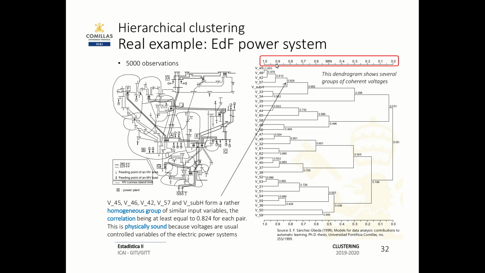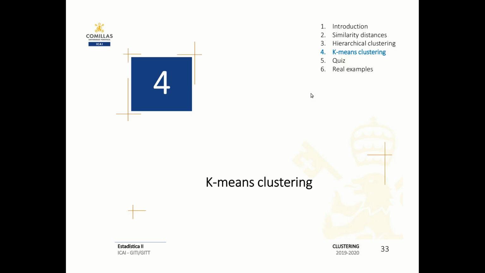So this is what is represented here. We have all the variables and then the different distances, and this is hierarchical clustering between all those variables. So this is all for hierarchical clustering, and the next session will be about k-means.